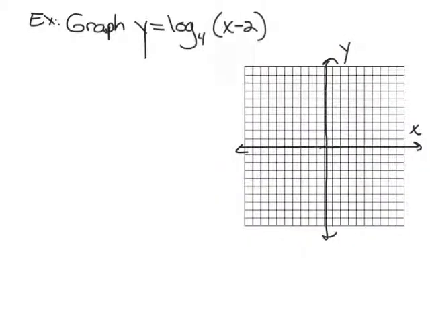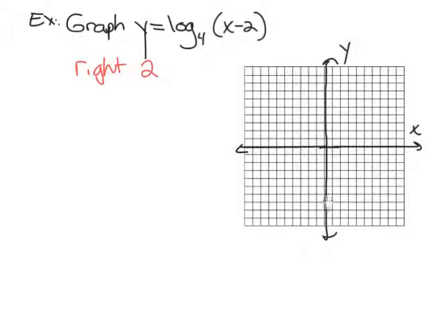So here's our first example. I have y is equal to log to the base 4 of x minus 2. The parent function is log to the base 4 of x. This minus 2 inside the function means it's going to shift to the right by 2. So instead of having a vertical asymptote at the y-axis, crossing at (1, 0), and then having a point at (4, 1), everything's going to be shifted to the right by 2.